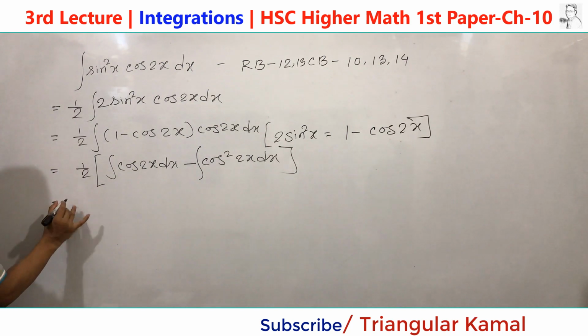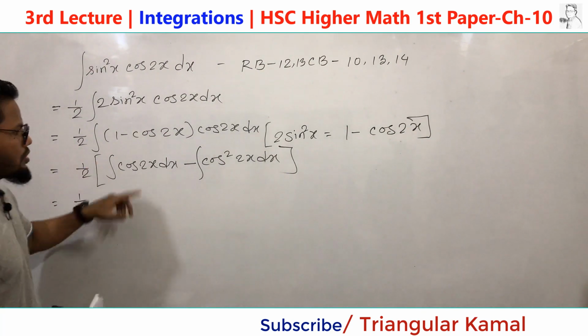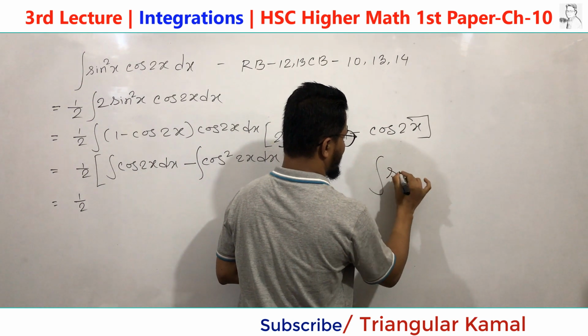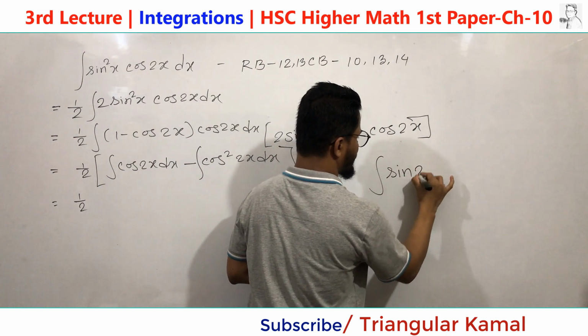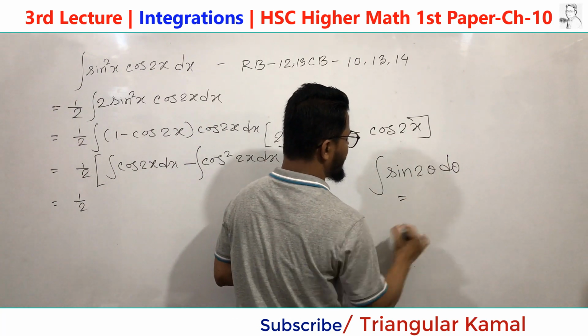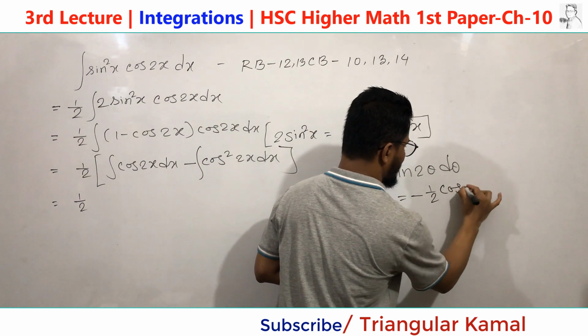So now this one will be 1 by 2. We all know integration of sin twice theta d theta will be minus 1 by 2 cos twice theta.